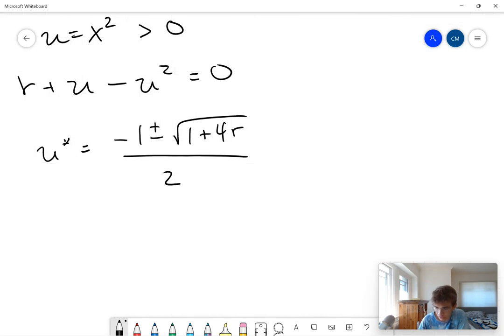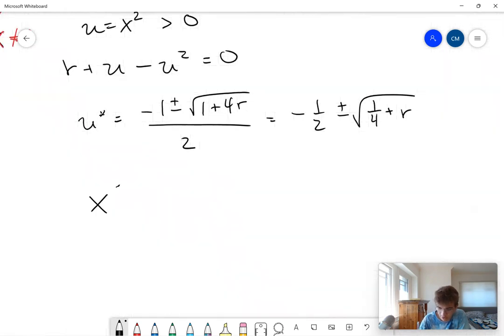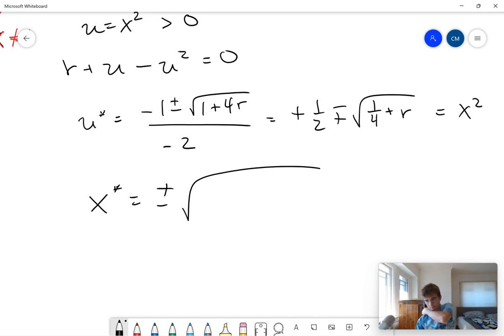I'm going to bring the 2 inside, and so I have negative 1/2 plus or minus the square root of 1/4 plus r. Notice that this is actually x squared, so I'm going to write x star as the square root of this. We have plus or minus the square root of, I'm sorry, this should be a negative 2 here, so this becomes a plus and this becomes a minus.